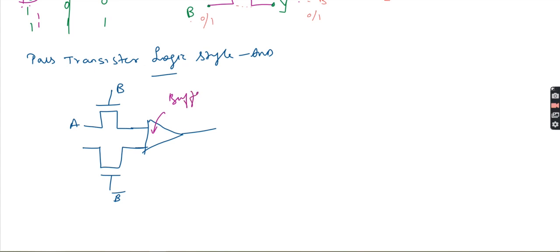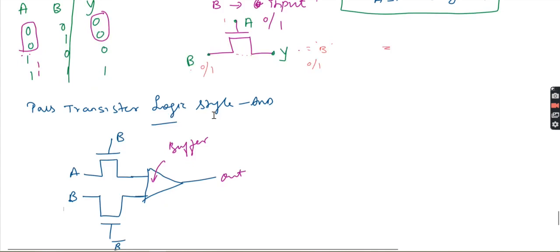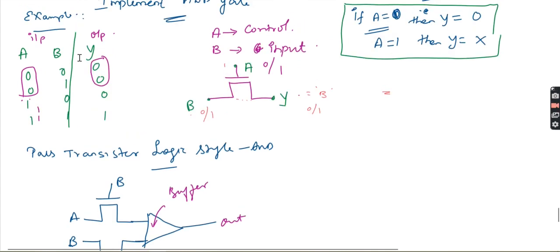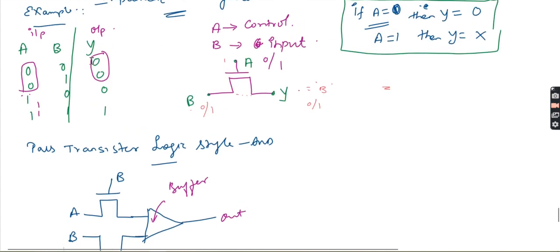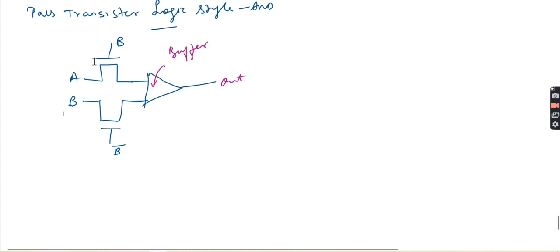Here is the output. Input A and B, and B is controlled. Here in this truth table, one was input and one was the gate, but now both are input, A and B. Even you can do it this way, where A and B are inputs and B is a control signal.